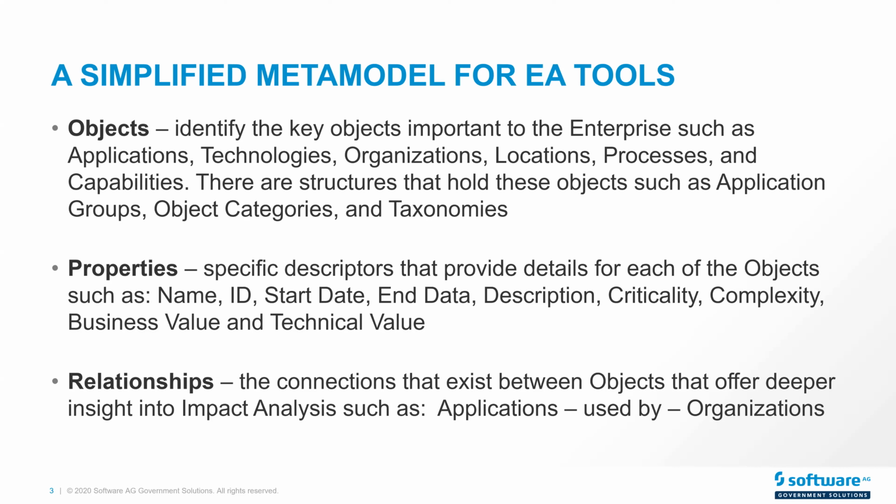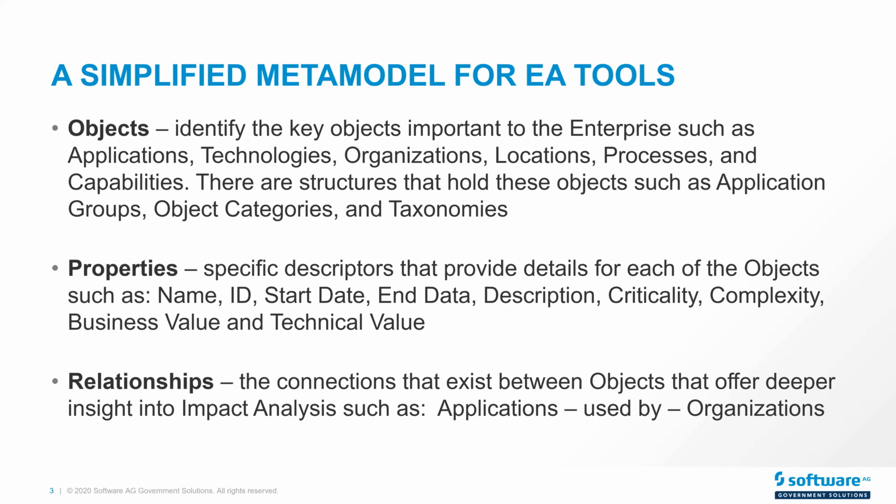Those objects can be applications, they can be technologies, they can be your organizations, where your organizations are located, even locations for your data centers. It can be about your business processes as well. And there are structures that, in addition to the objects, hold these objects, such as application groups, object categories, and then taxonomies, such as we see in the FIAF.